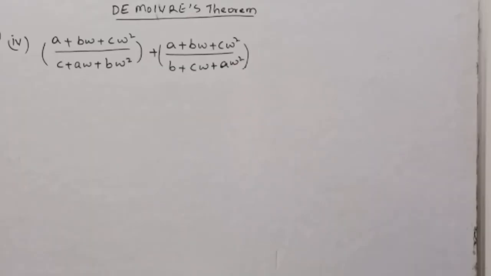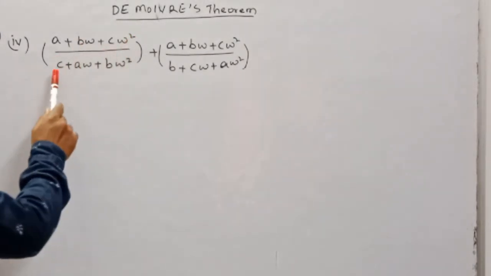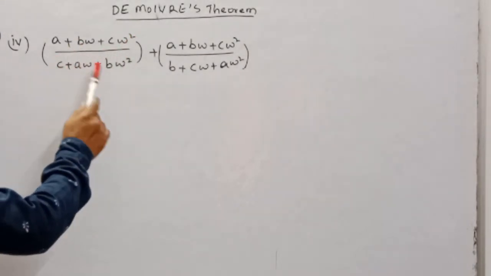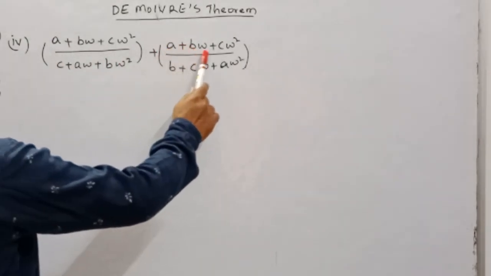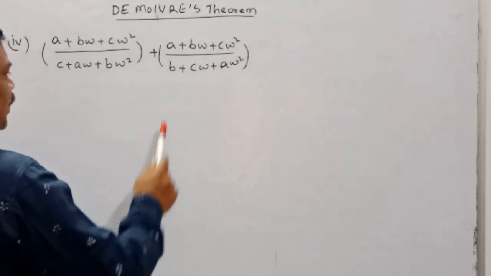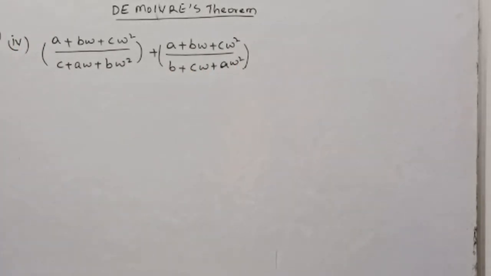We have one more problem. Find the value of (a plus b omega plus c omega square) by (c plus a omega plus b omega square) plus (a plus b omega plus c omega square) by (b plus c omega plus a omega square).